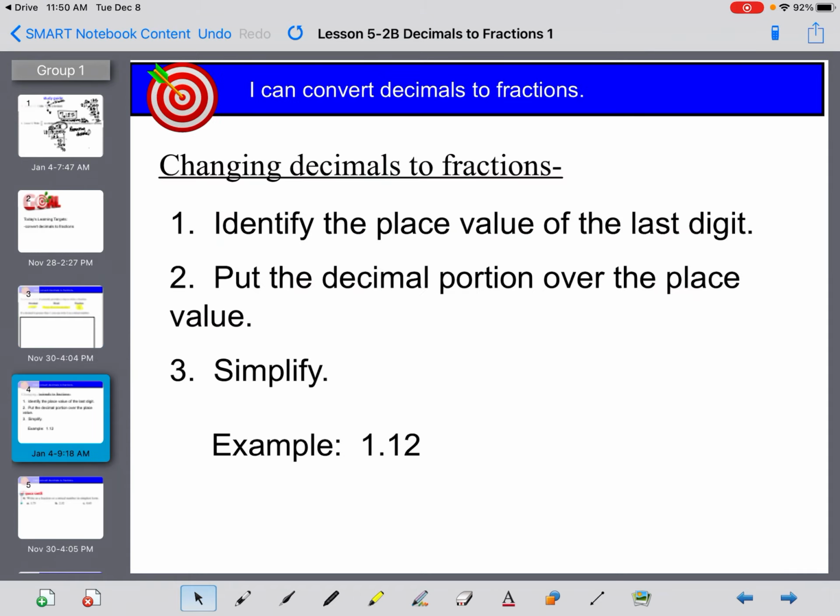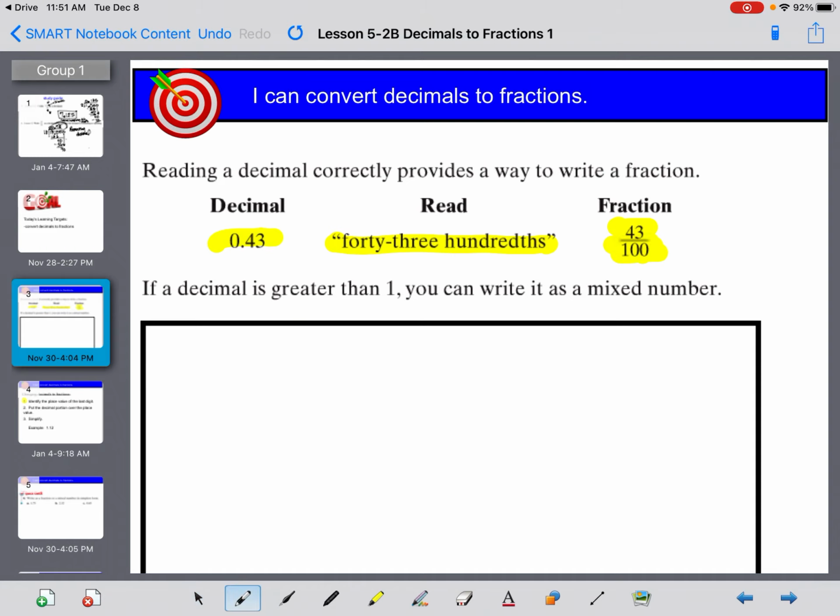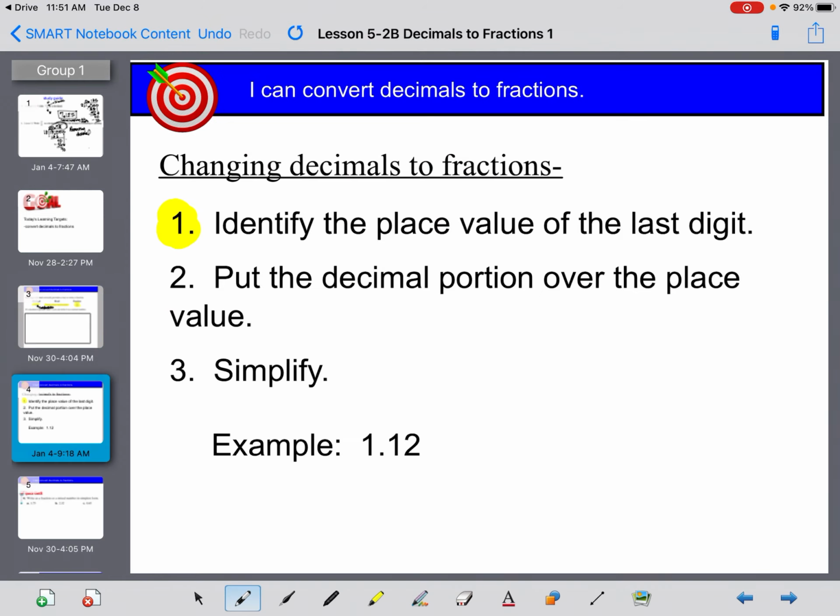Let's write down our steps. These need to go in your notes. Step 1, identify the place value of the last digit. In our example, the place value of the last digit is the hundredths place. The 3 is in the hundredths place. I'm going to write it up here.